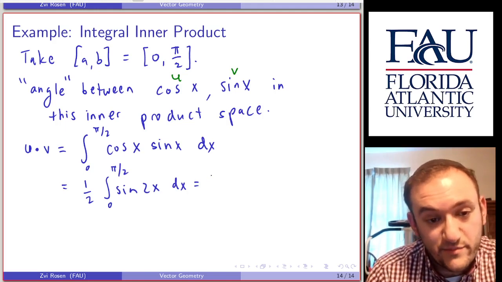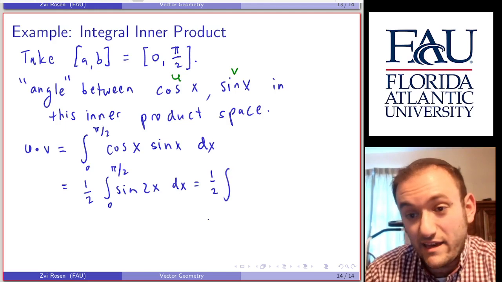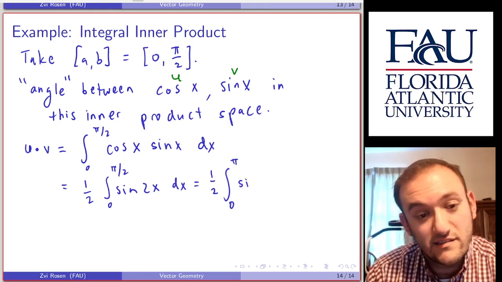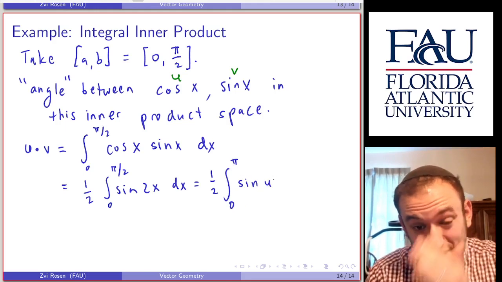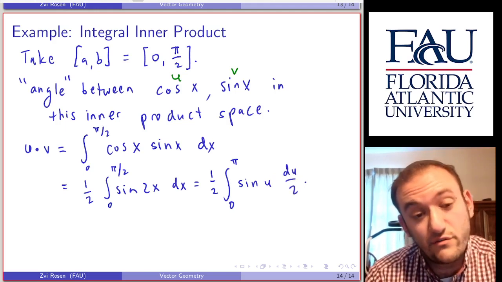And then we do a u substitution. We take 1/2. Now u is 2x, so this goes from 0 to pi. This is sine u, and instead of dx, we get du over 2.